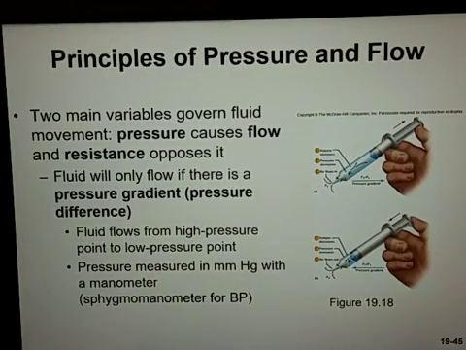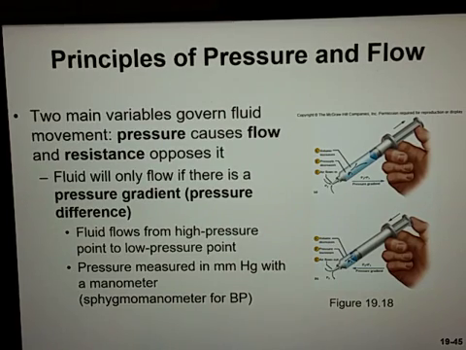Now, one of the things that happens with the fluid in the heart and the flow of the fluid, we're going to find that pressure plays a major part in how the fluid flows.